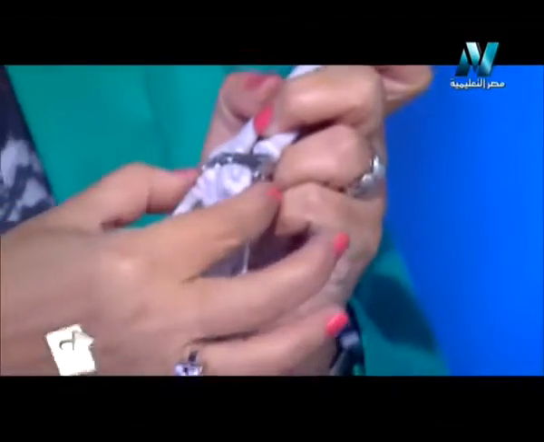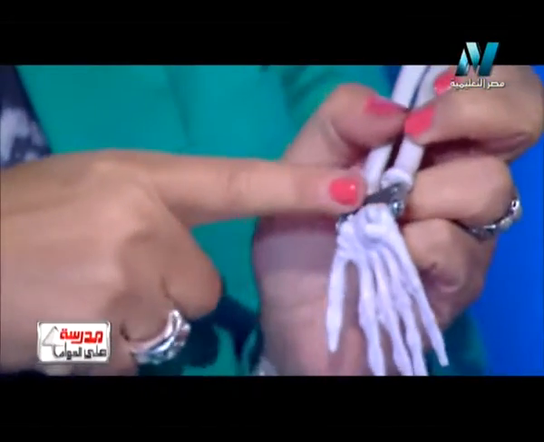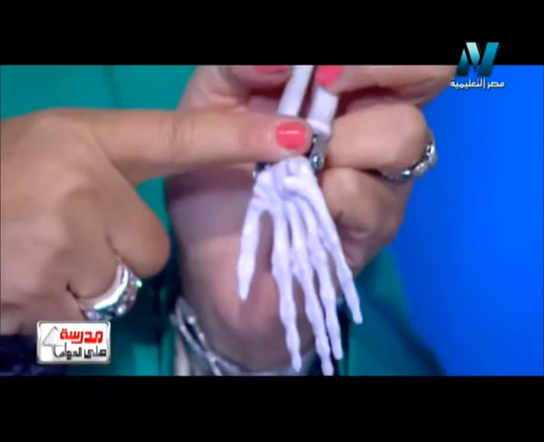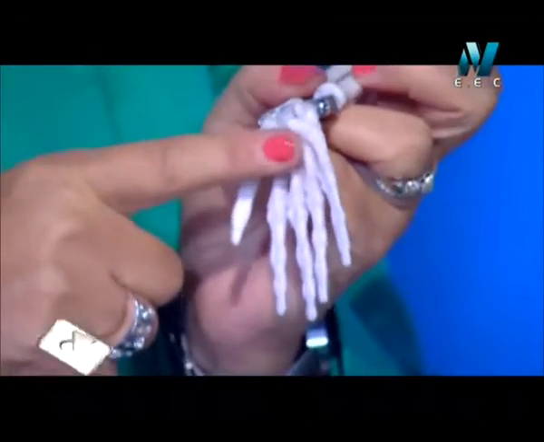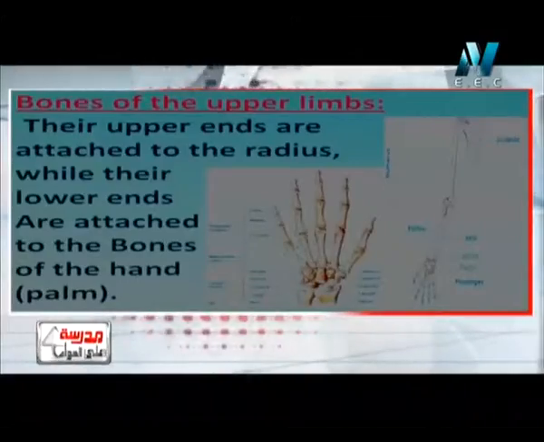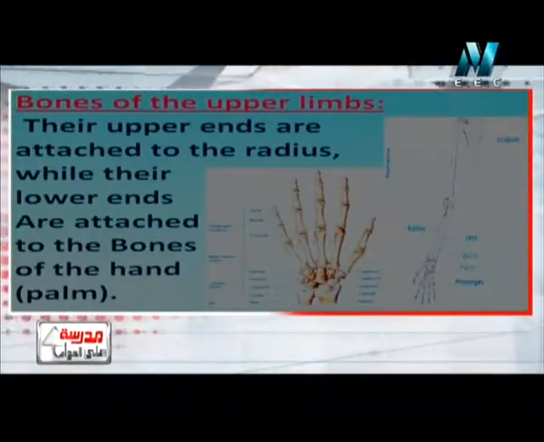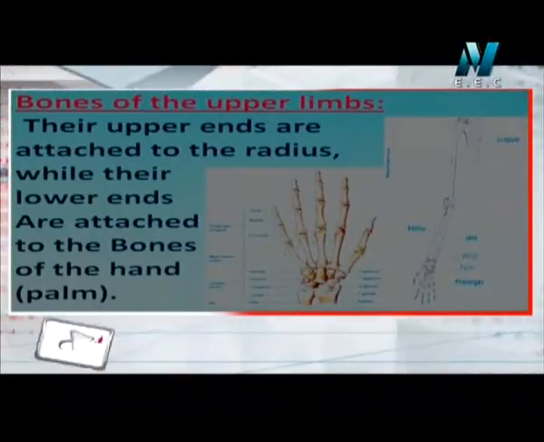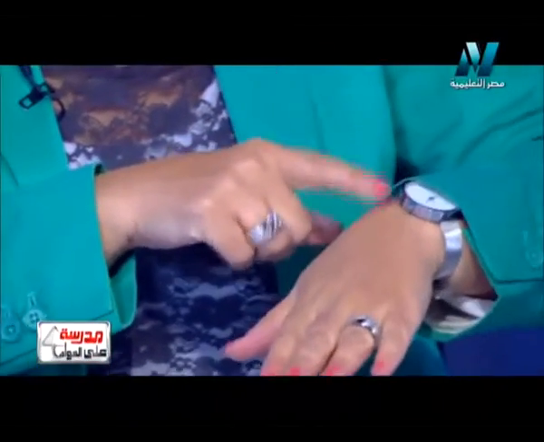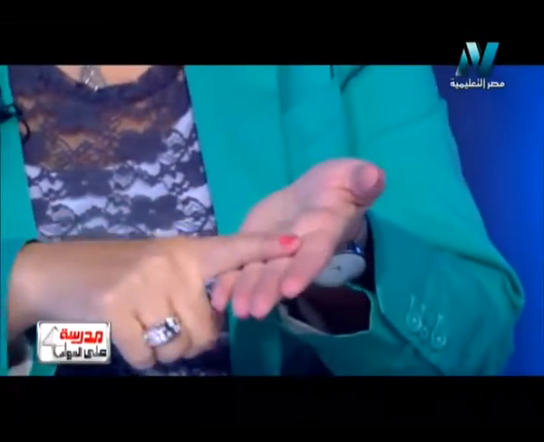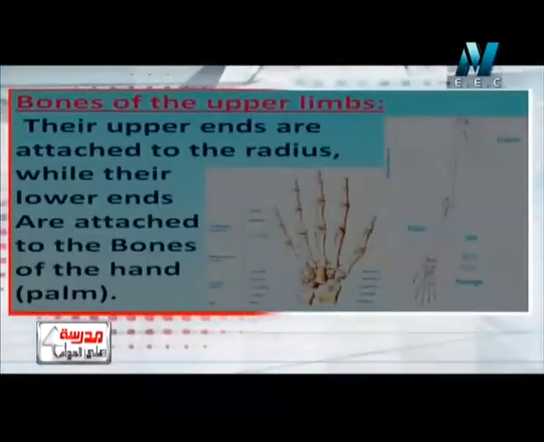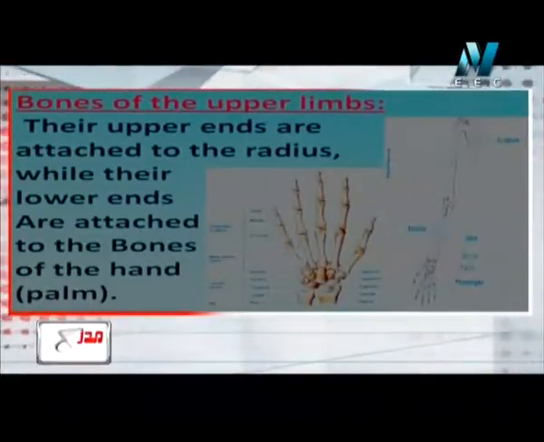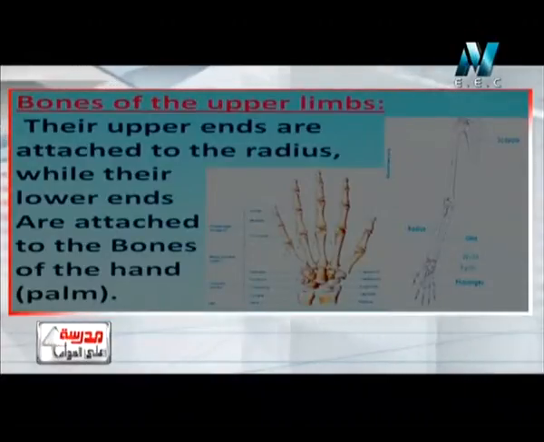Again, the upper part of the wrist is attached to the radius bone, and the lower part is attached to the palm. Here, this is the radius and these are the palm bones.